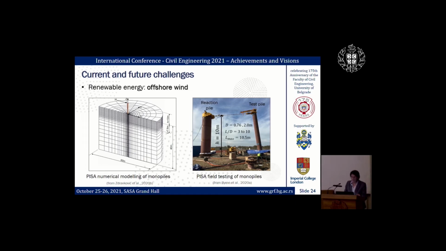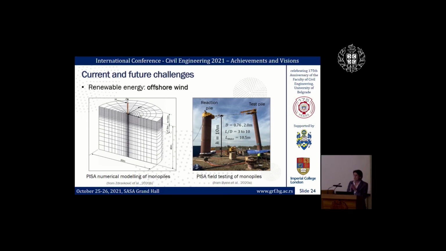There were several sites, and here is just an example of a glacial clay till site at Cowden in the UK, deriving from laboratory and field experiments the site-specific shear modulus, small strain degradation, undrained shear strength that would feed into the 3D numerical analysis.